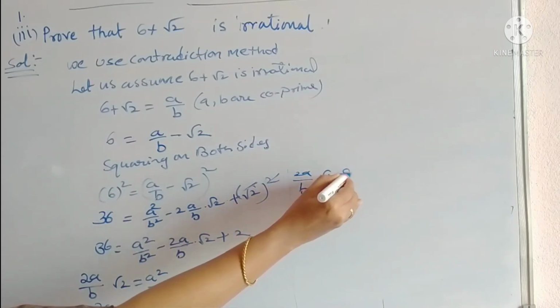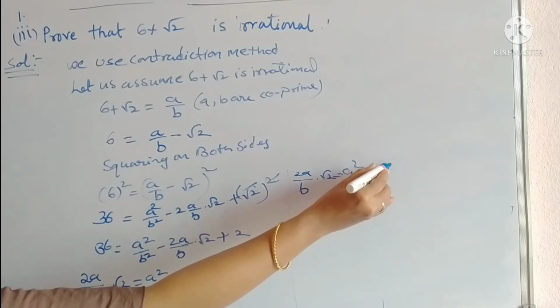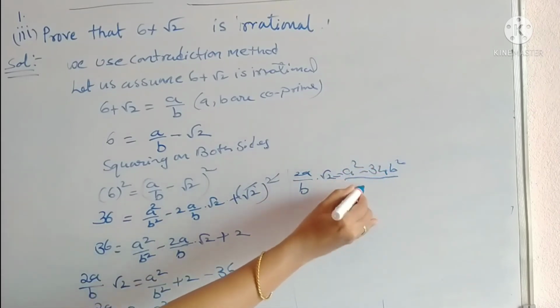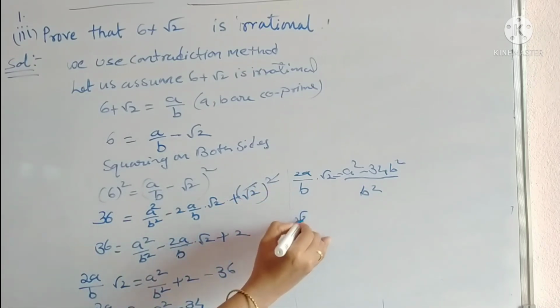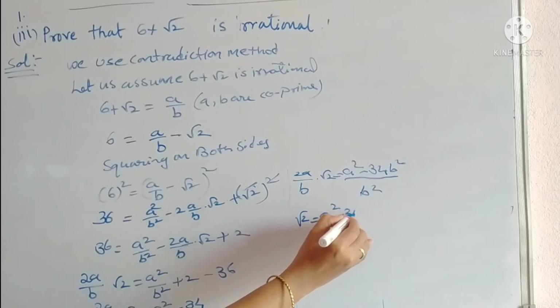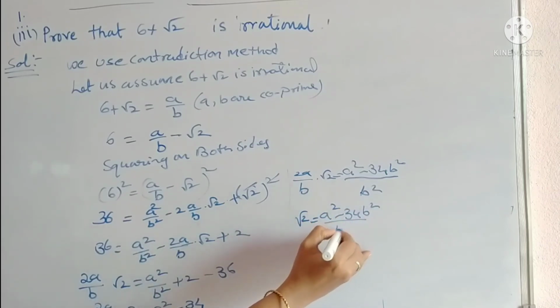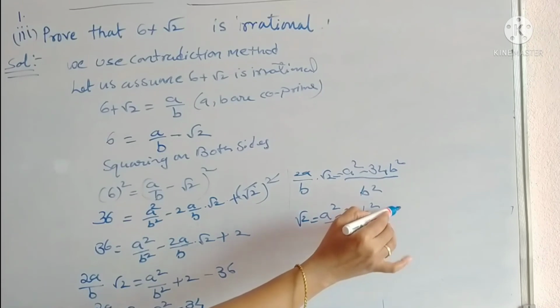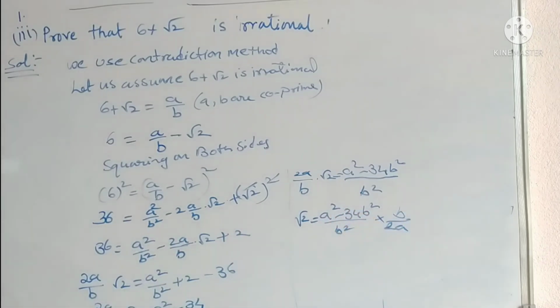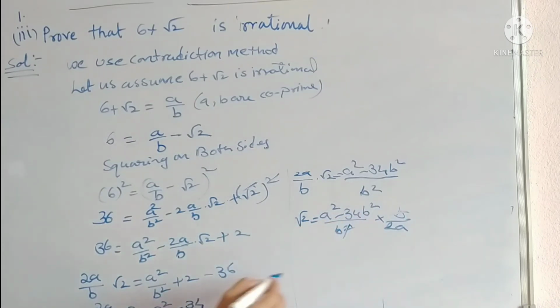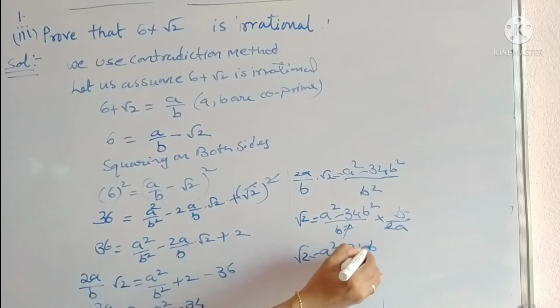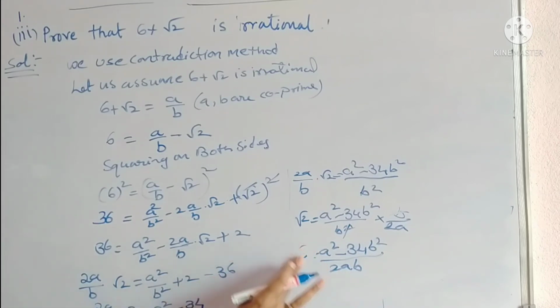So a by b into root 2 is equal to (a square minus 34b square) by b square. Again, if we transpose this a by b to the RHS, the fraction will be reversed and comes under multiplication. b gets cancelled. So root 2 is (a square minus 34b square) by 2ab, we got.